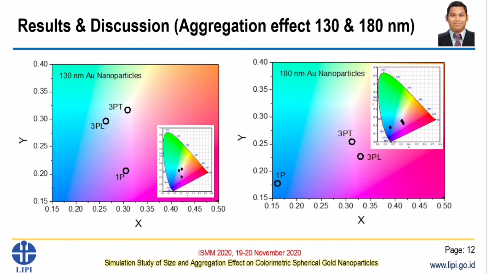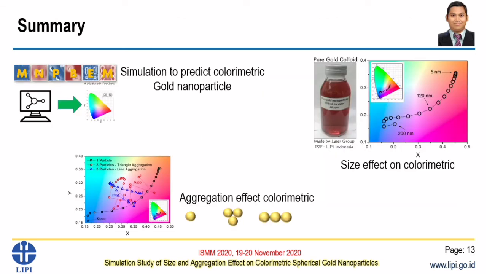The color of monodispersed gold, blue color, changes to purple when the particles are aggregated, denoted by point 3pt and 3pl.